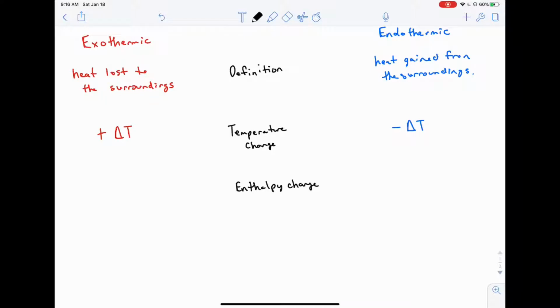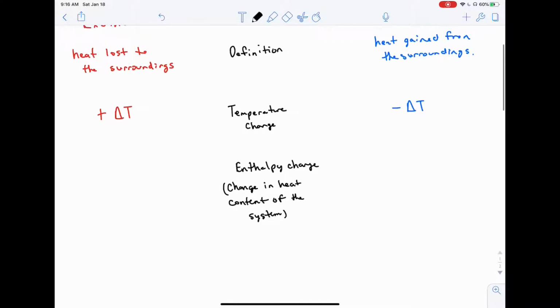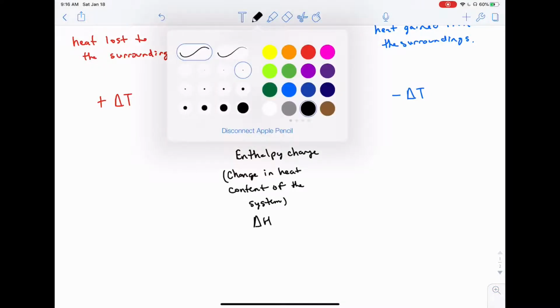Enthalpy change. Okay. So the change in heat content of the system. So how much energy is being exchanged from the system to the surroundings? Okay, and that's your delta H, enthalpy. And we'll spend a lot of time on calculating delta H in a little bit.